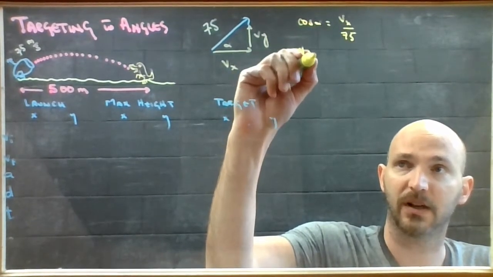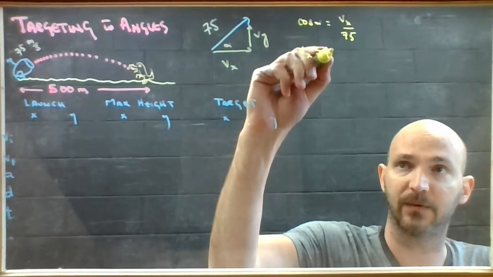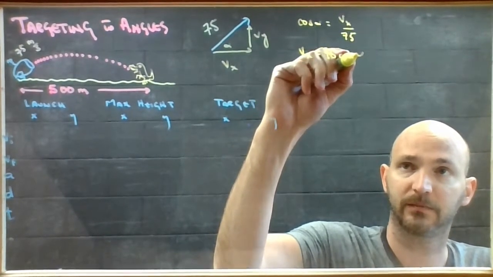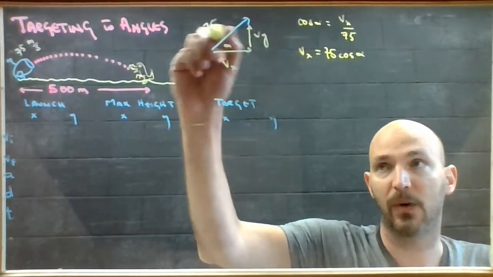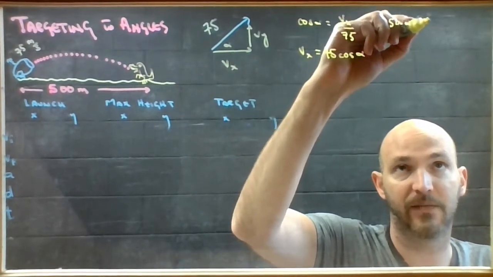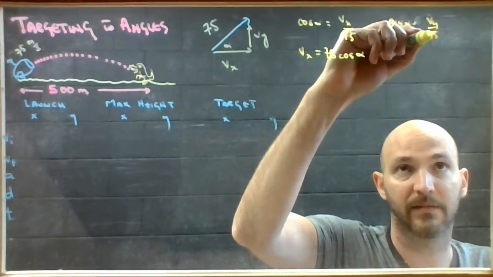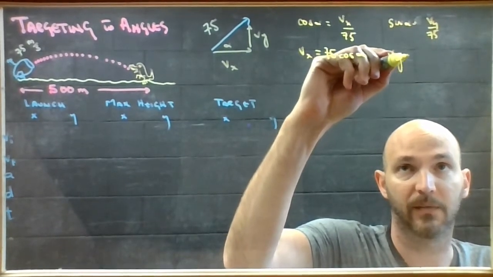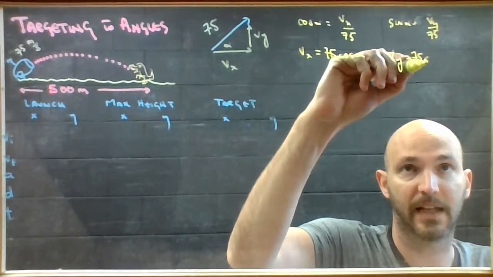So the horizontal velocity at the beginning is 75 cos alpha. Vy is opposite of the alpha, so sine alpha is Vy over 75. So Vy would be 75 sine alpha.